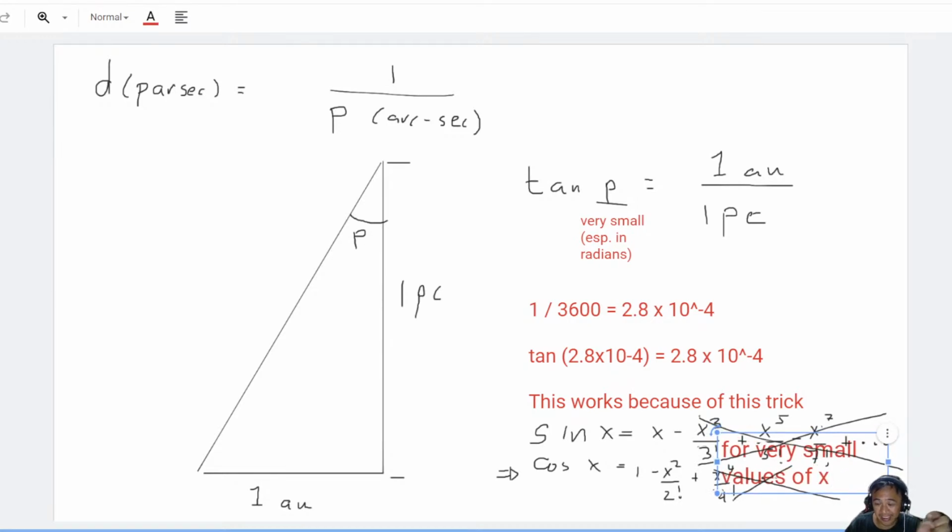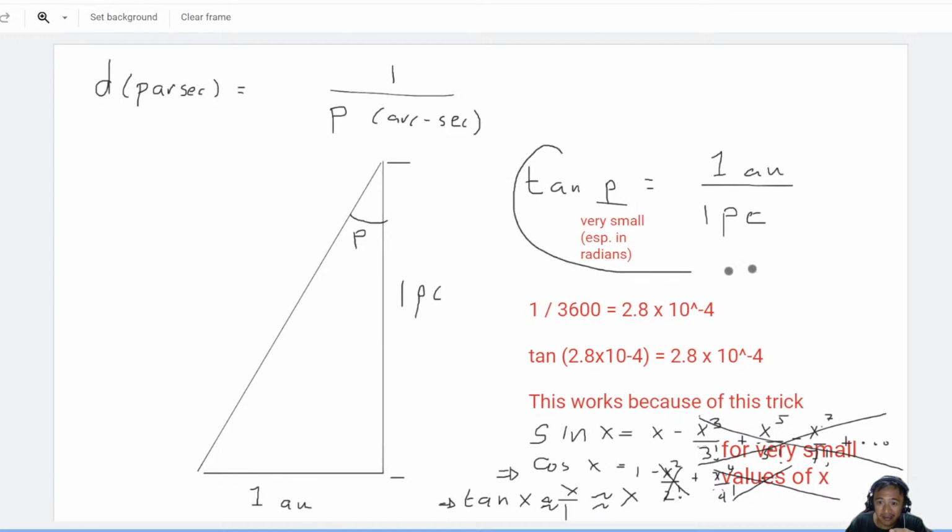But this math trick tells us that even with a very tiny angle, the x squared over 2 factorial term also disappears. So what is tangent x for small angles? We get x over 1, approximately x. That's why this particular equation works.